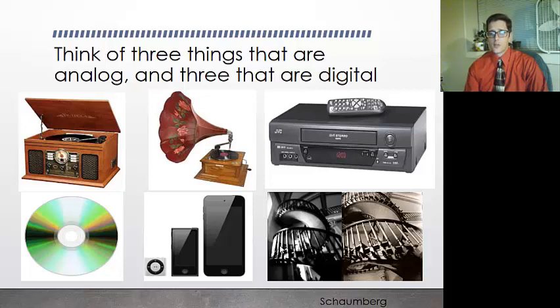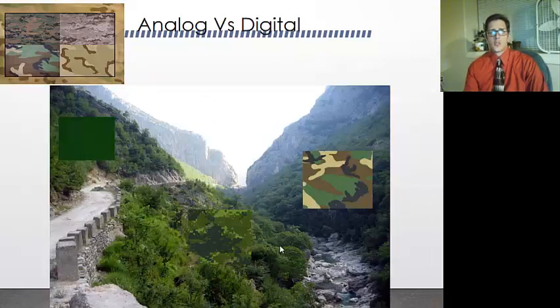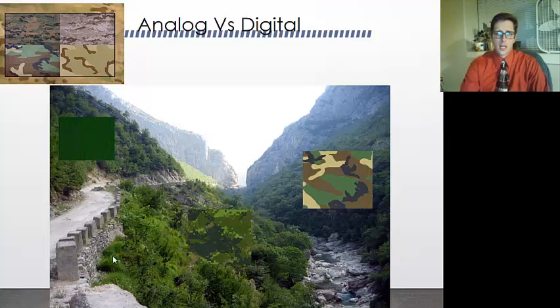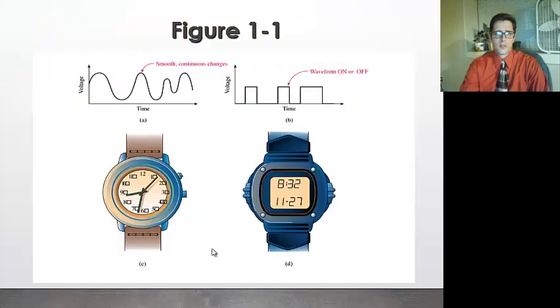In 2007 you could see it was getting close to being as good as film, and now today professional photographers almost always use digital cameras. So we have analog versus digital. You can see the camouflage up here. This is the analog camouflage. This is the digital camouflage.